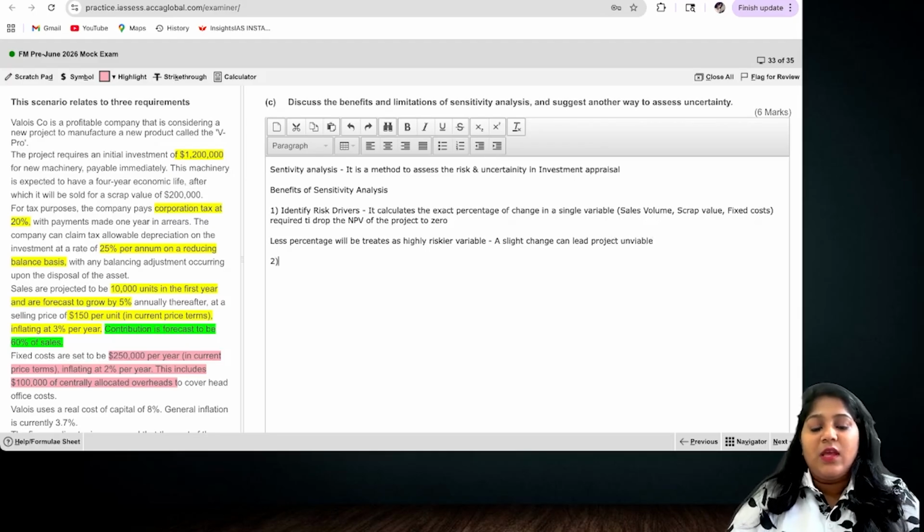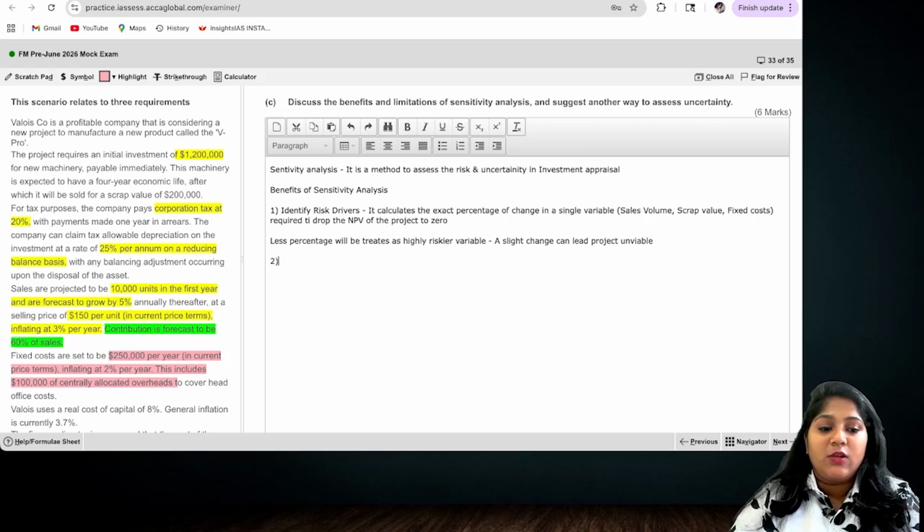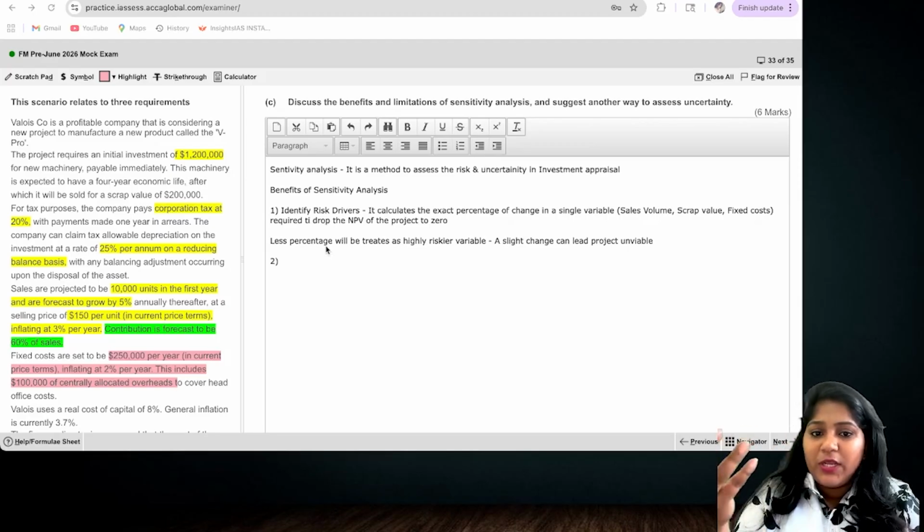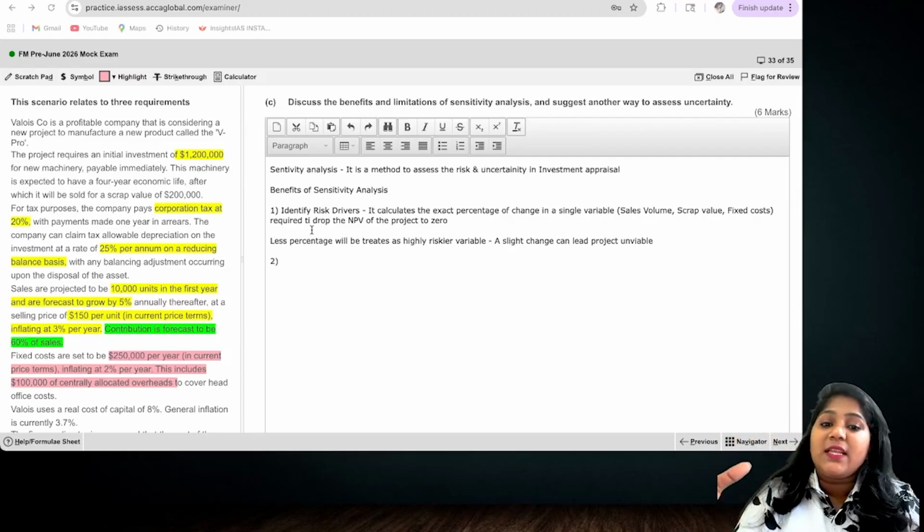First point. Now, what is the second point that you'll be writing on the benefits part? Maybe you can also discuss which variables have the greatest impact on viability. Management knows where exactly they have to direct their monitoring efforts, isn't it?